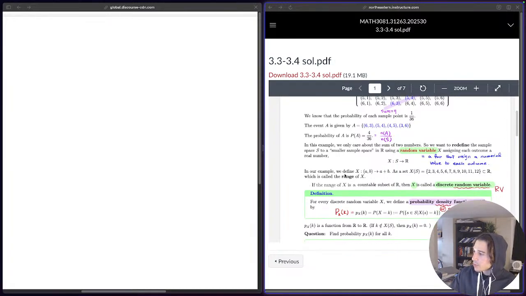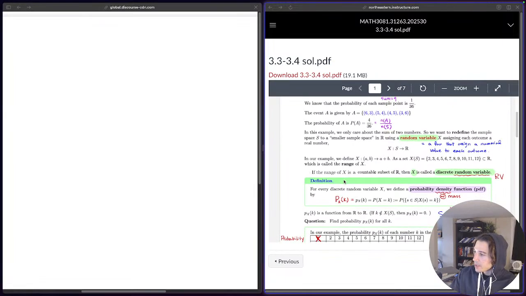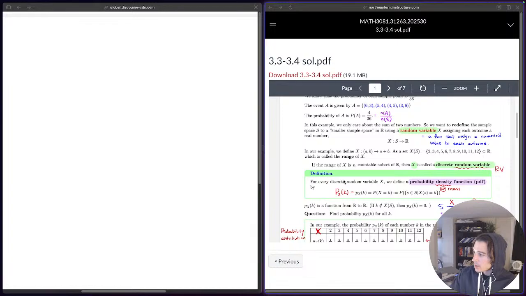In our example, we define X such that (a, b) maps to a plus b. As a set, X of S equals 2 to 12, a subset of the real numbers, which is called the range of X. If the range of X is a countable subset of R, then X is called a discrete random variable.